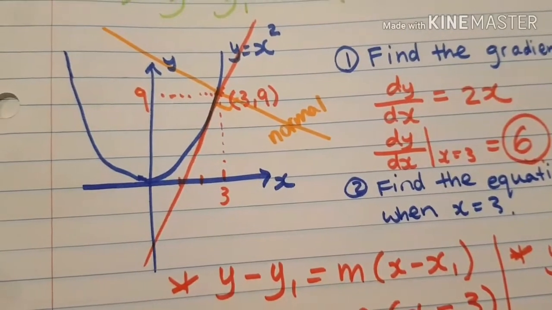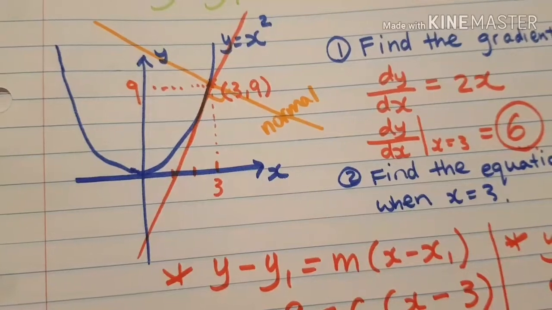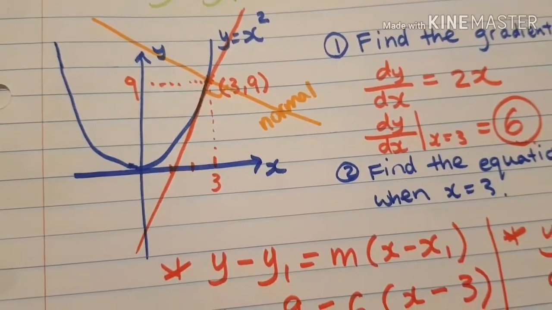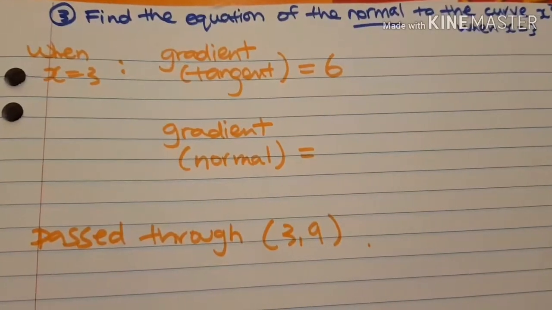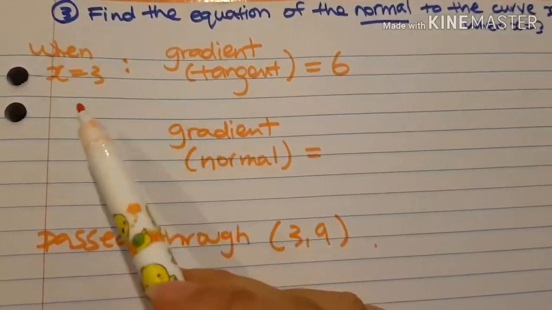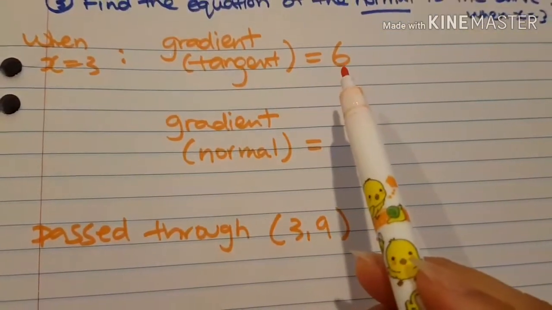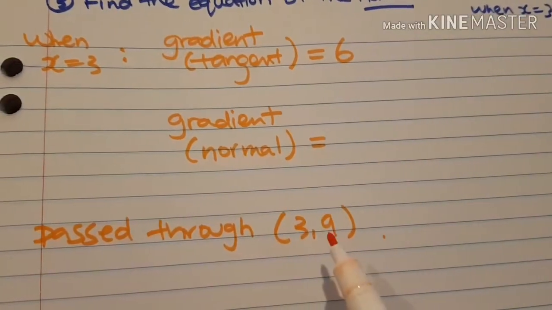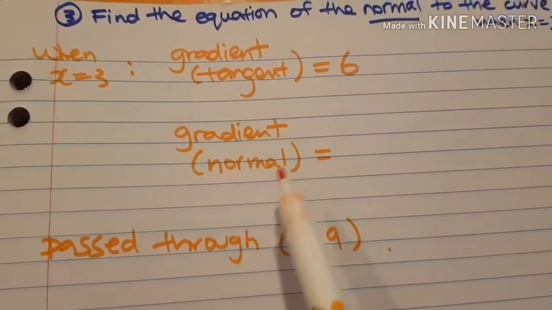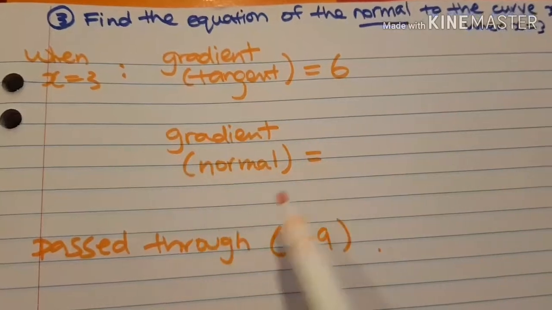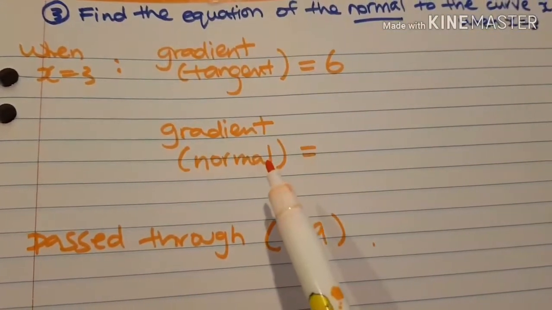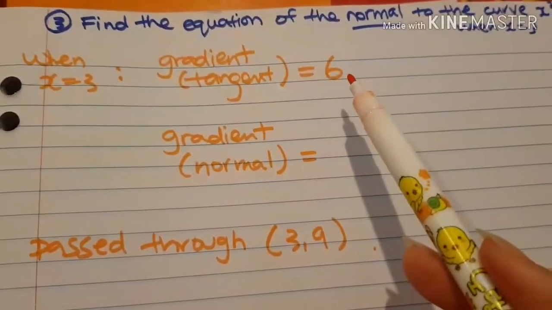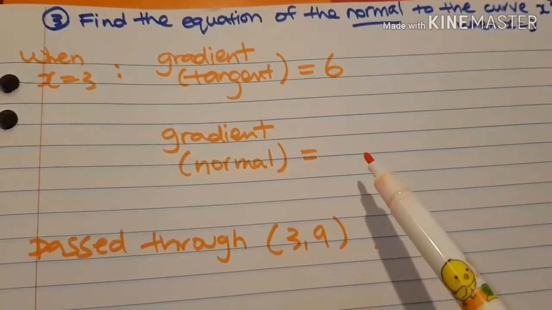Those two gradients meet at a right angle. Remember when x is 3, the gradient of the tangent is 6, and it passed through (3, 9). So if I want to find the gradient of the normal, then this times whatever has to be -1.